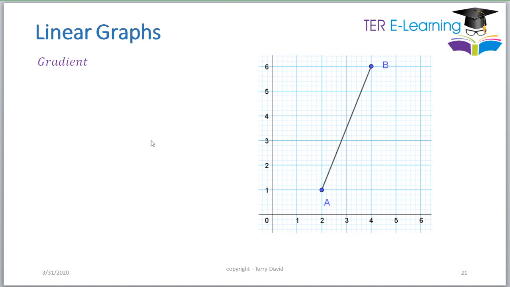I want you to find the gradient of this line segment AB for me. Alright, I'll give you 2 minutes. What is the gradient M? Right? So I'm going to write down what the formula is. We know the formula is y2 minus y1 over x2 minus x1, right?